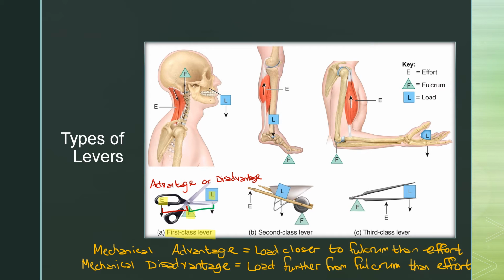So if the load here, say, is 2 meters away from the fulcrum, and the effort, just for example, is 3 meters away, then this particular first-class lever is going to have a mechanical advantage because the load is closer to the fulcrum than the effort is.